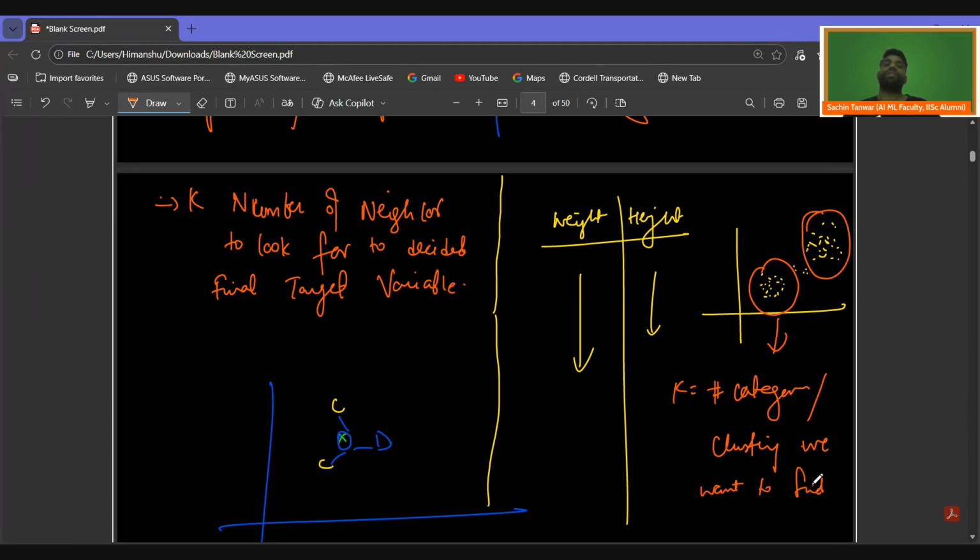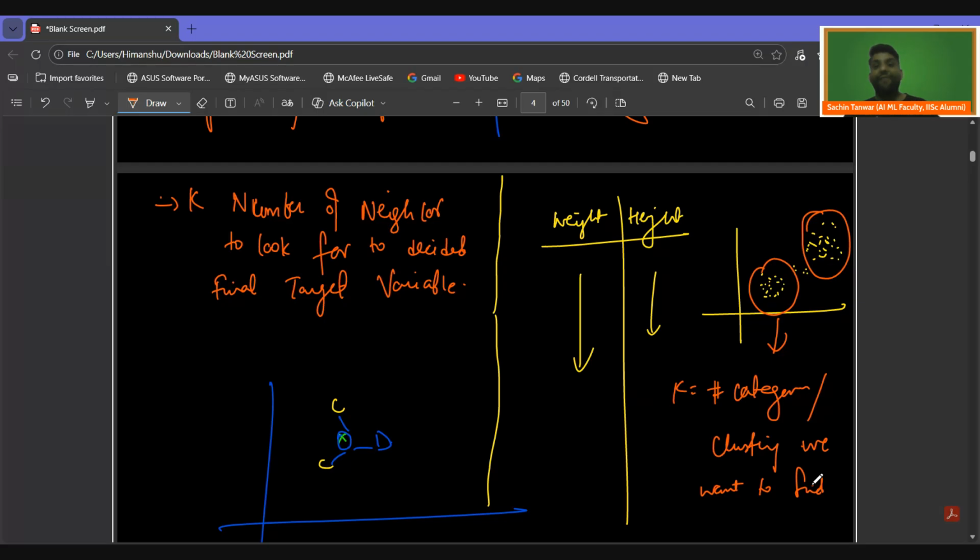Now how does it take place? We'll get into the details of both the algorithms, but right now just understand. We have to initialize the centroid, just consider it something like a cluster center. If I'm talking about Bangalore or Delhi, there would always be a Bangalore center point, a Delhi center point, a Mumbai center point, which will tell that the nearby area belongs to Mumbai, and similarly for Delhi and Bangalore.